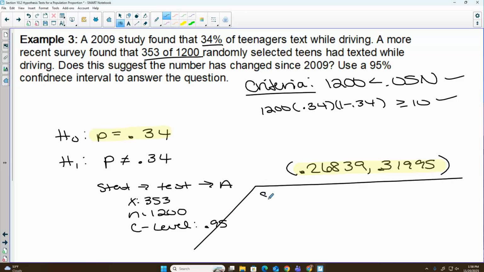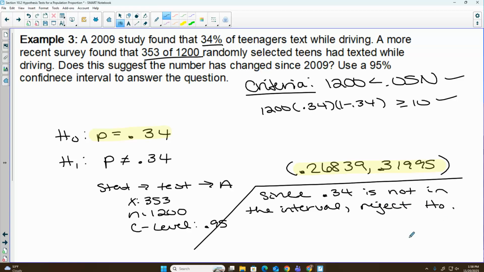So, since 0.34 is not in the interval, reject the null hypothesis. There is evidence to suggest the number has changed since 2009.